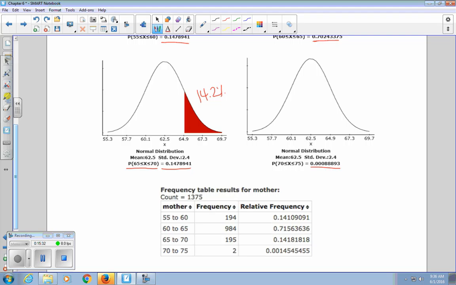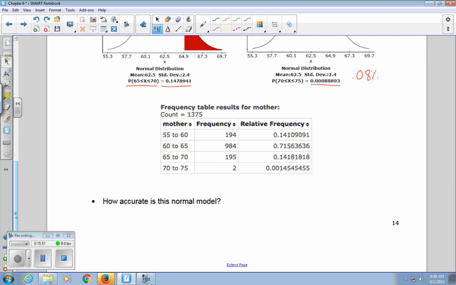It's 0.08% from the model, and actual said 0.15%. So I would say our model is fairly accurate for our data.